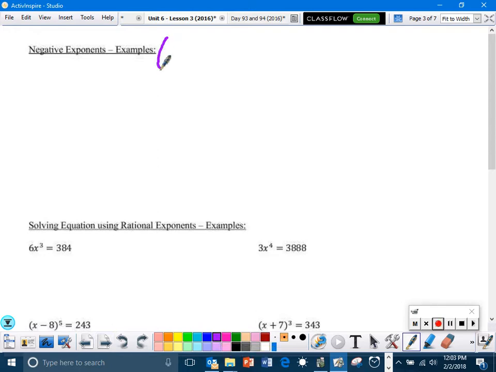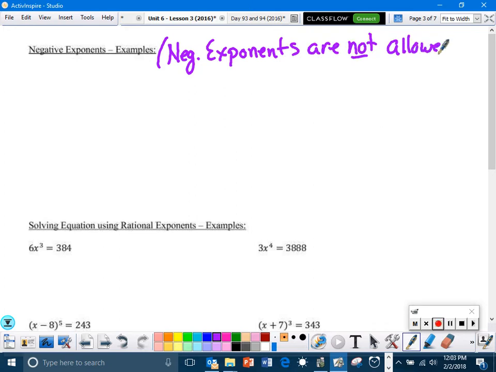Well, in math, technically, negative exponents are not allowed. Well, what in the world are we going to do if we run into a negative exponent? There's a phrase that goes with it, and you may have heard Mr. Hoenigs talk about it. It's called cross the line, change the sign.